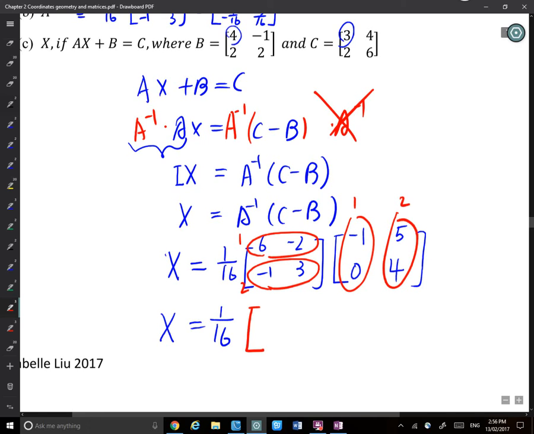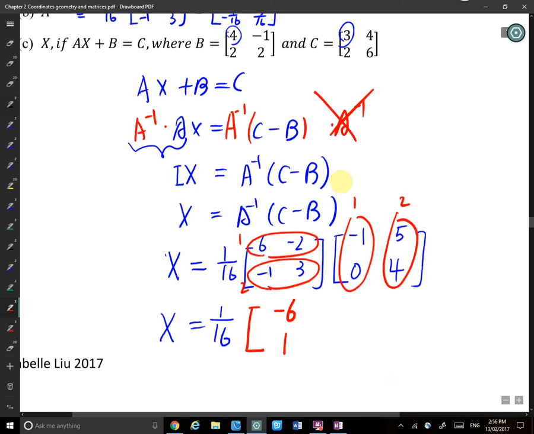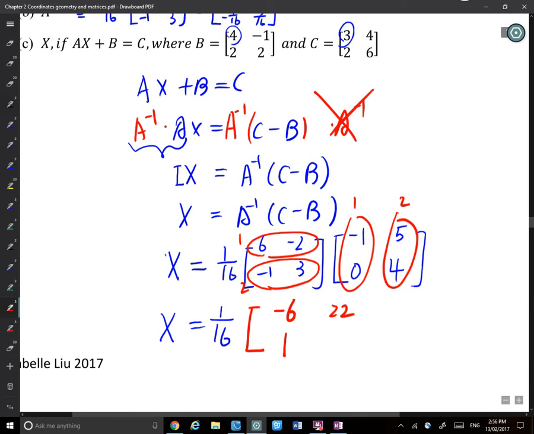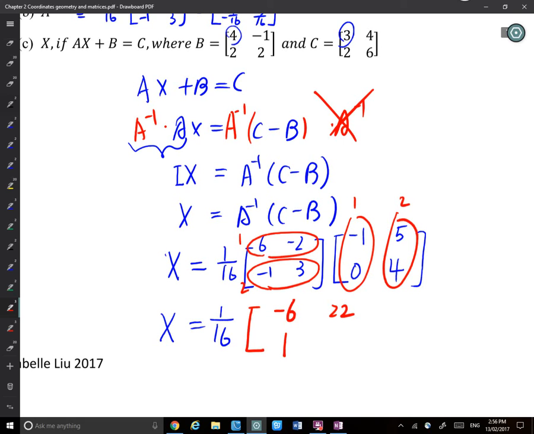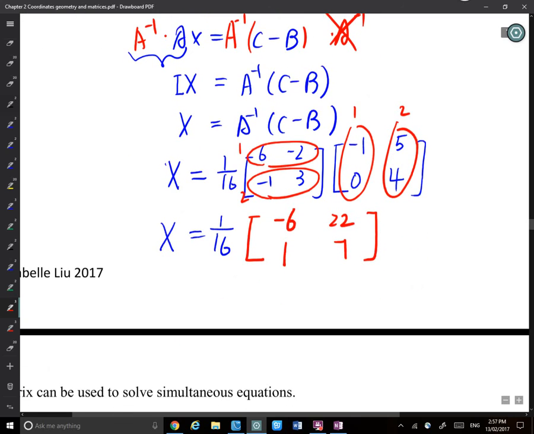So row 1, column 1 times together will give you negative 6. Row 2, column 1 will give you 1. Row 1, column 2 will give you 30 minus 8, which is 22. And row 2, column 2 times together will be 12 minus 5, which is 7.